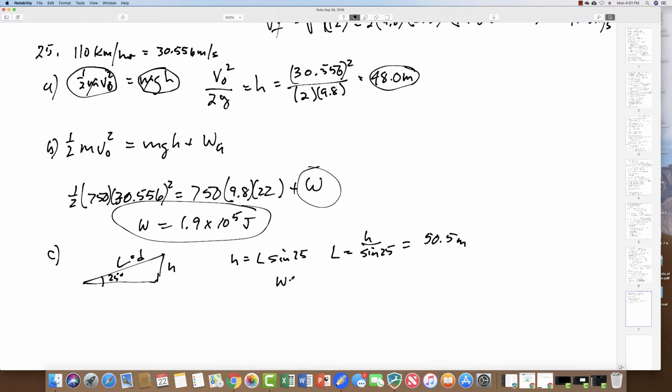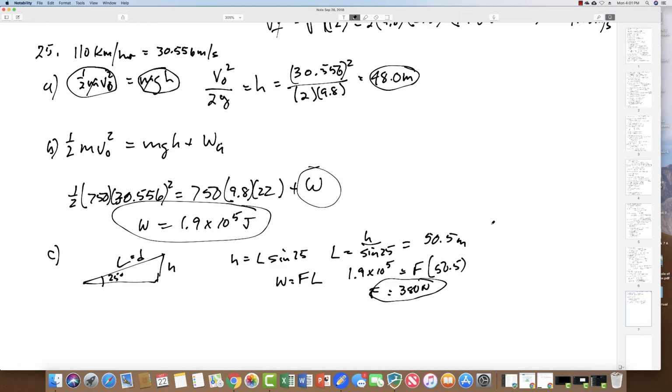And work is equal to force times the length, so that 1.9 times 10 to the 5th, we got from here, is going to equal the force times 50.5. So F is going to equal 380 newtons to two significant figures.